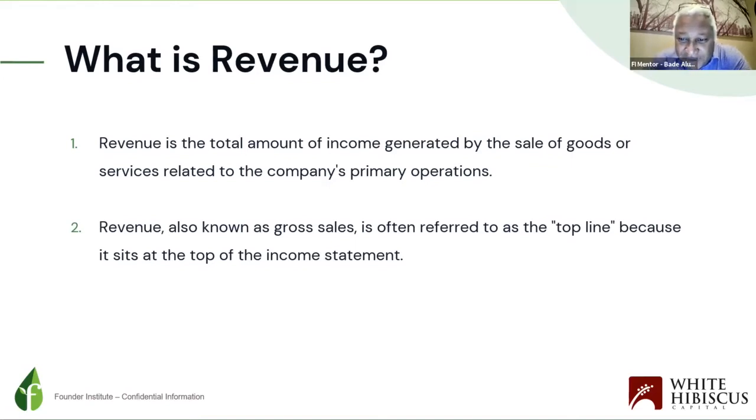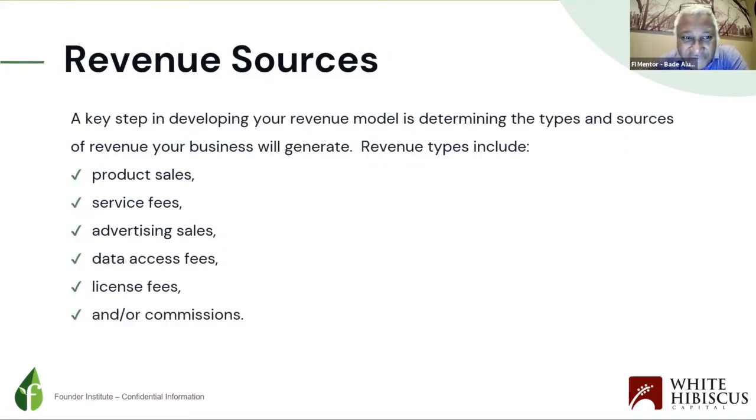Typically, we put revenue as the top line on the income statement to denote the importance of revenue. There are different types of sources of revenue that you can model, which is a reflection on the type of businesses that you are trying to do. So your revenue types could be product sales, in which case you are selling a particular product and you are earning an income in exchange for the product. It could be service fees that you are earning, providing the service and you get a fee in exchange.